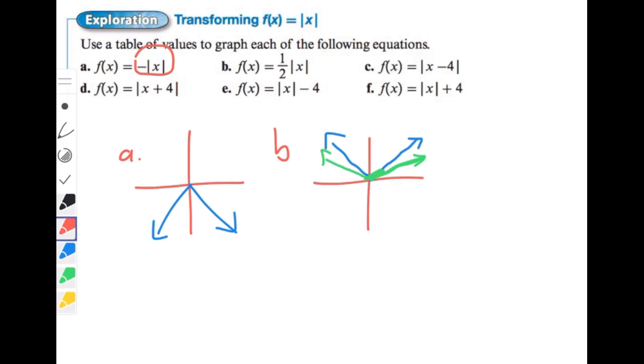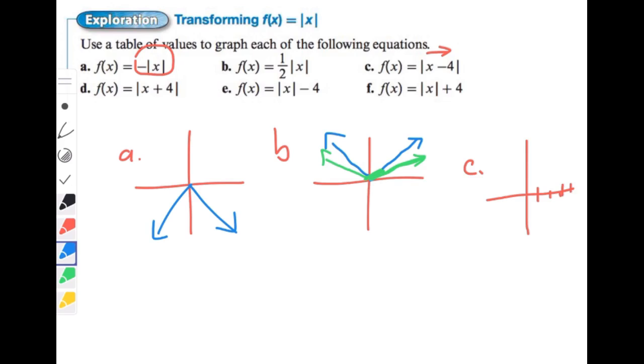And then moving on to C. You could plug in values if you wanted to, but I'm just giving you guys a little shortcut. If we have a minus and it's inside a parenthesis or within the function, this minus is going to move it to the right however many units they give us. So the graph itself is the same absolute value function, but it's going to start over here at 4.